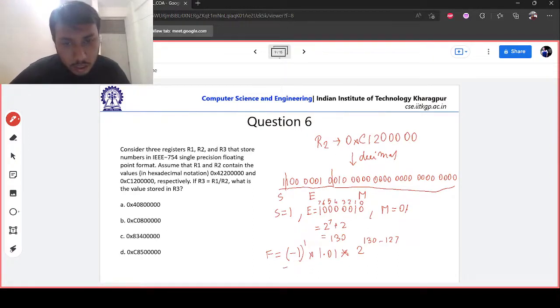So it comes down to minus 1 into 1.01, so it will be 1 plus 1 into 2 to the power of minus 2, into 2 to the power of 3.